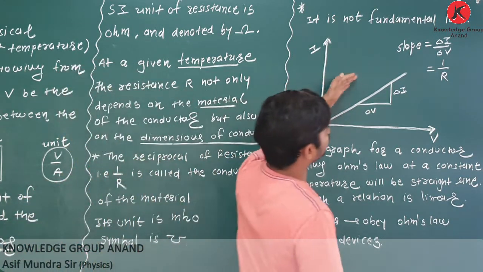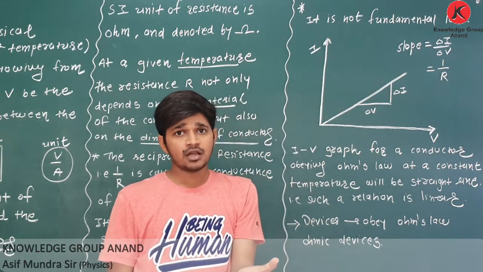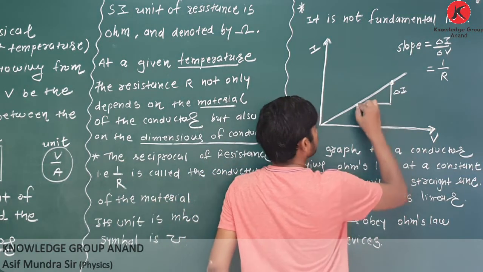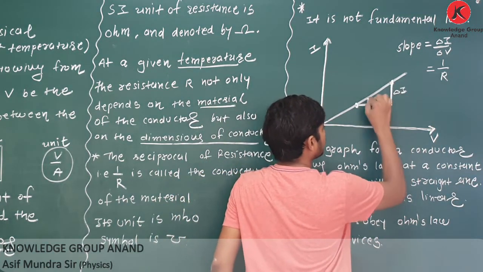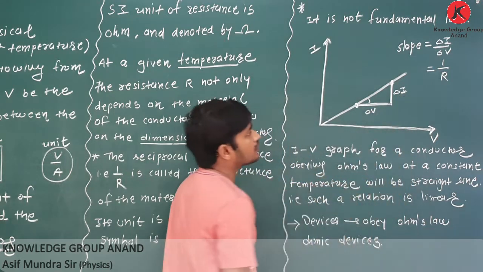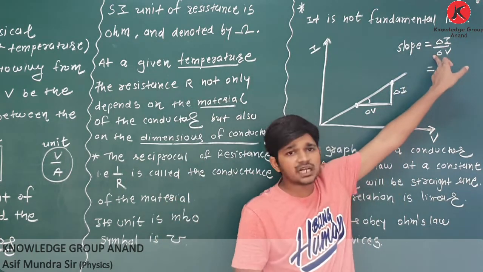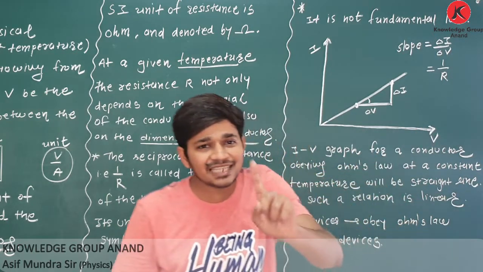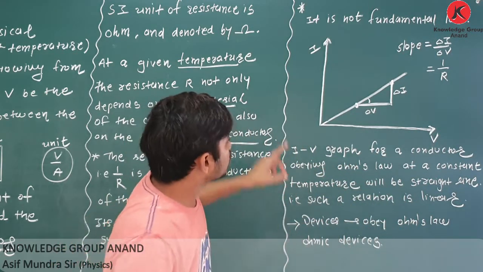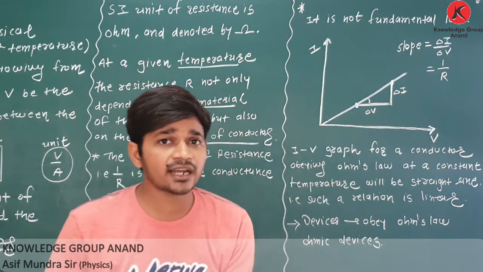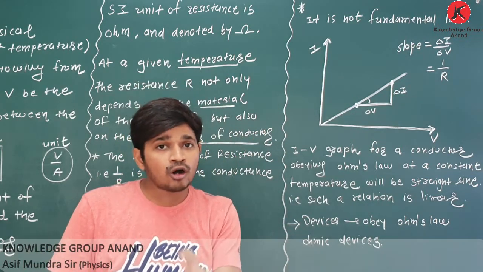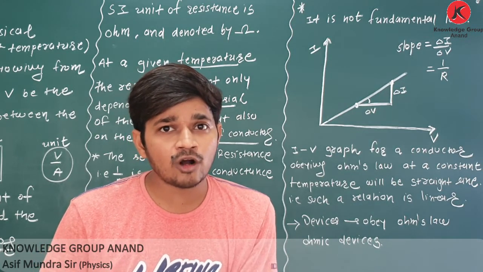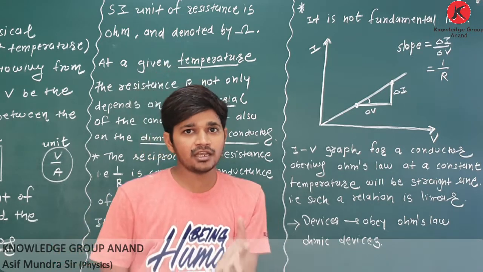Now the slope will give some value. Taking these 2 points, slope, this theta, is equal to delta I upon delta V. Delta I upon delta V means 1 upon R. So remember this MCQ: the slope of the I versus V graph gives what? Comment your answer in the comment box.